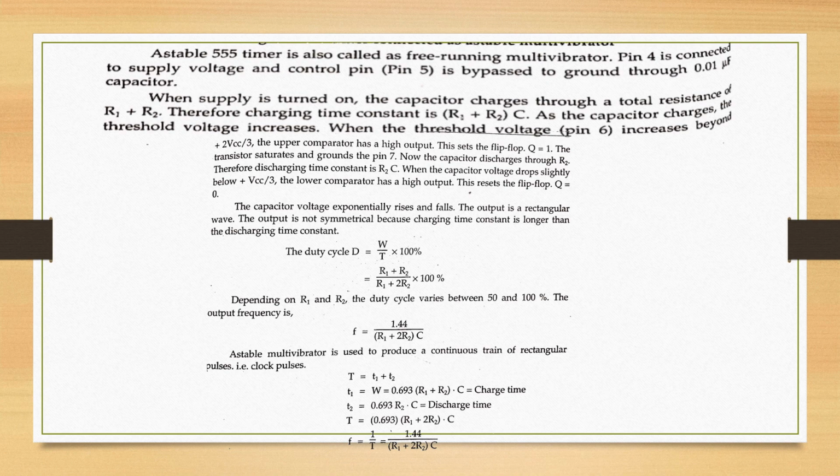So while designing the circuit, T1 is equal to 0.693 (R1 plus R2) into C, which is also called charging time, and T2, the discharging time, is equal to 0.693 R2 into C, with the help of which we can find out the output frequency.